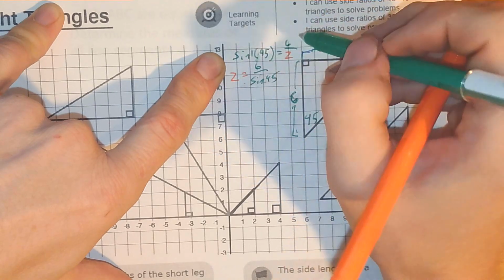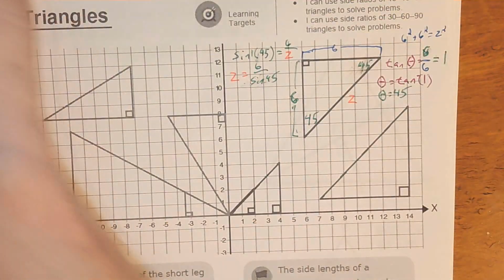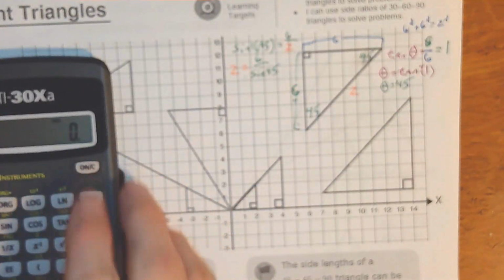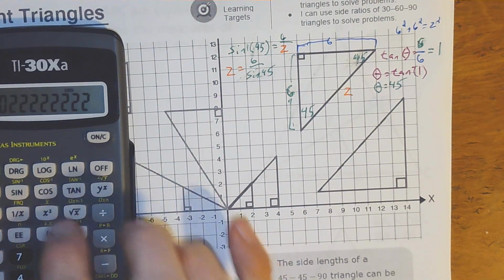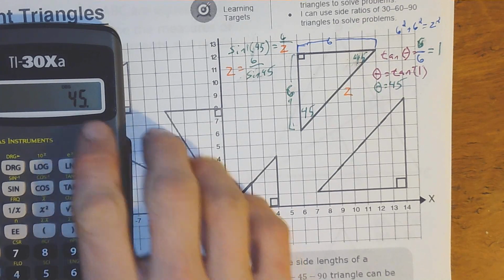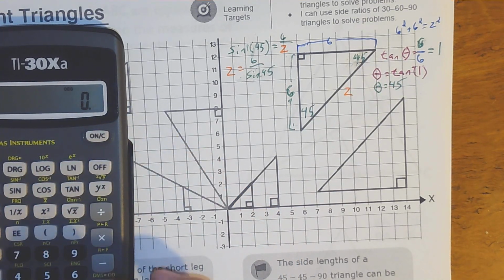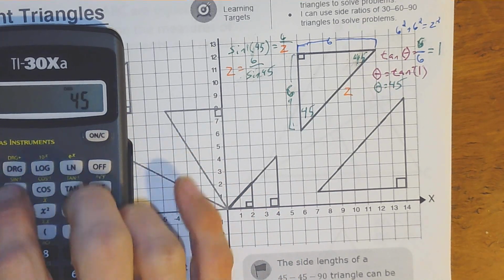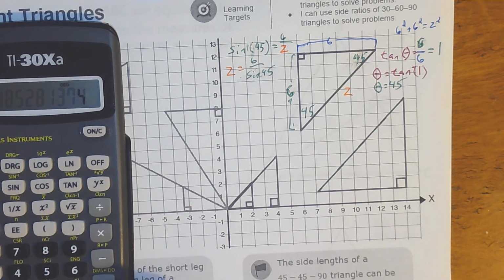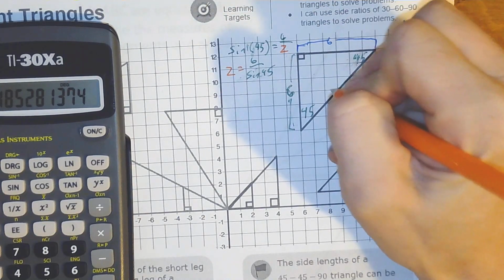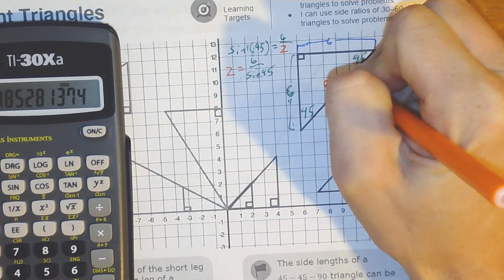It's going to be equal to 6, and then, yep, that's right, equals sine of 45. So I go sine of 45, take the sine of that, I'm going to invert that, and multiply it by 6. And so this length is going to be 8.48.